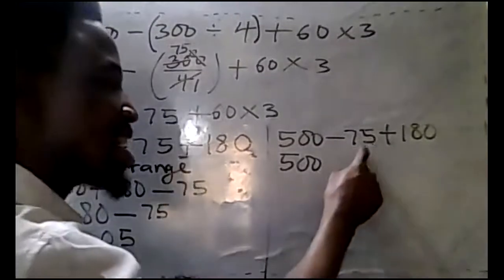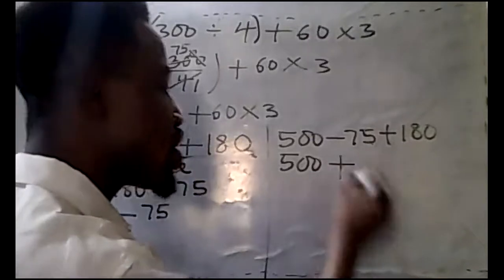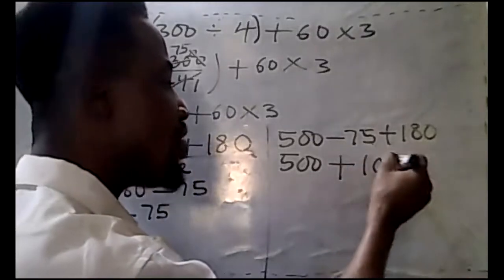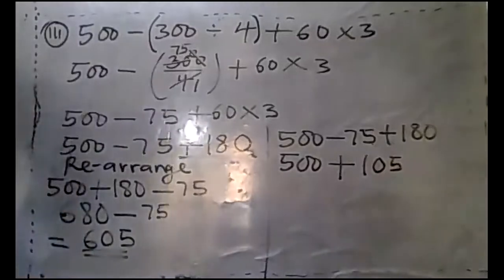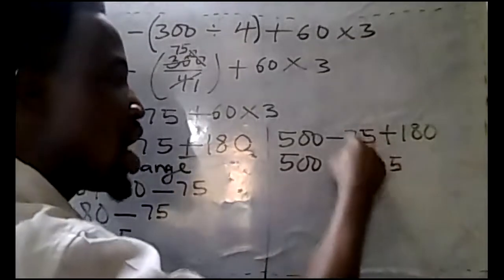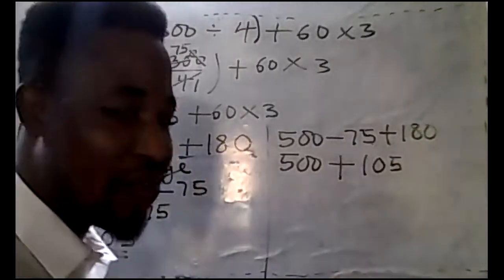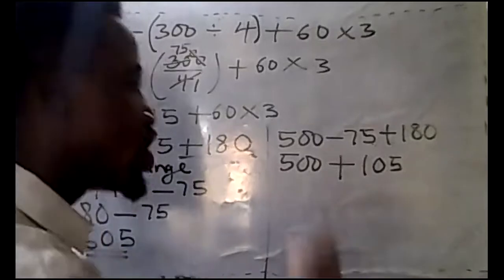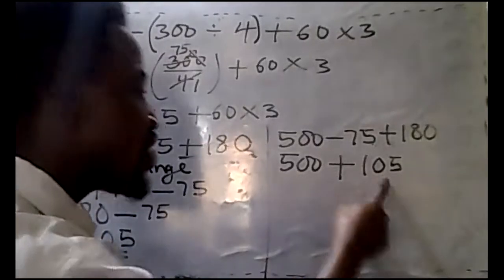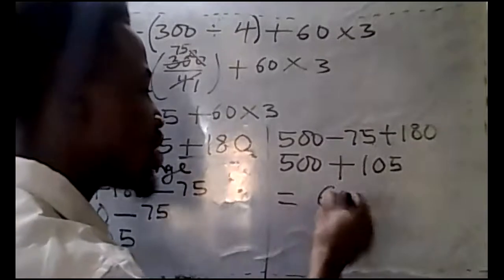So take this 75 away from 180, you're going to have plus 105, because you have taken out what you're owing from the amount you have. So what is the balance you have left? 105. So 105 plus 500 gives you what? 605.